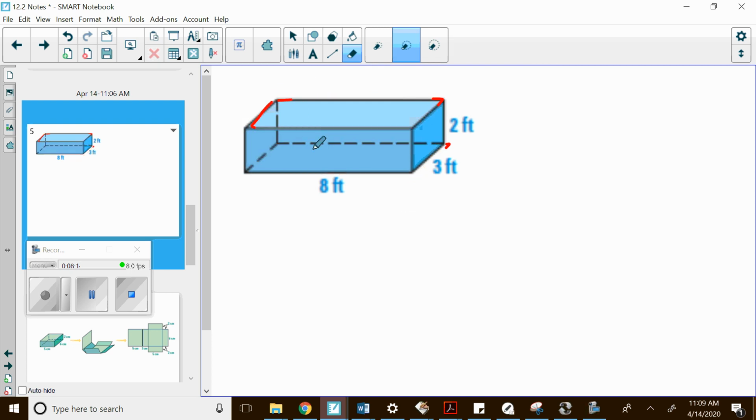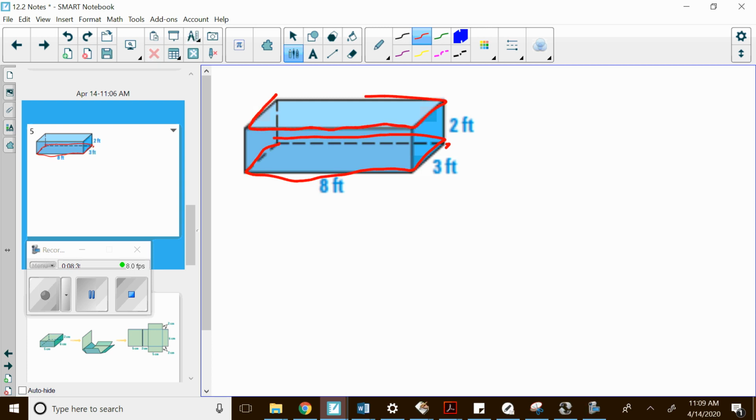You could call this one base, and the congruent, parallel one opposite it the other base. You could even call the front and the back bases as well. But let's make sure we're all on the same page, and call this bottom face a base, and this top face a base.